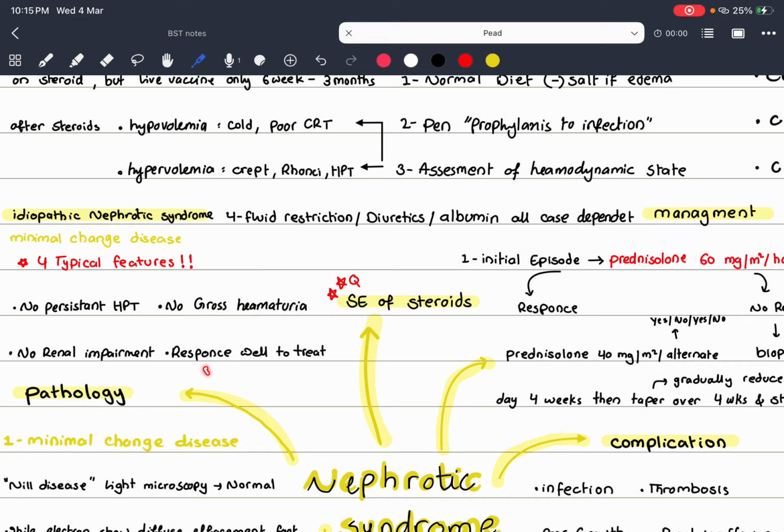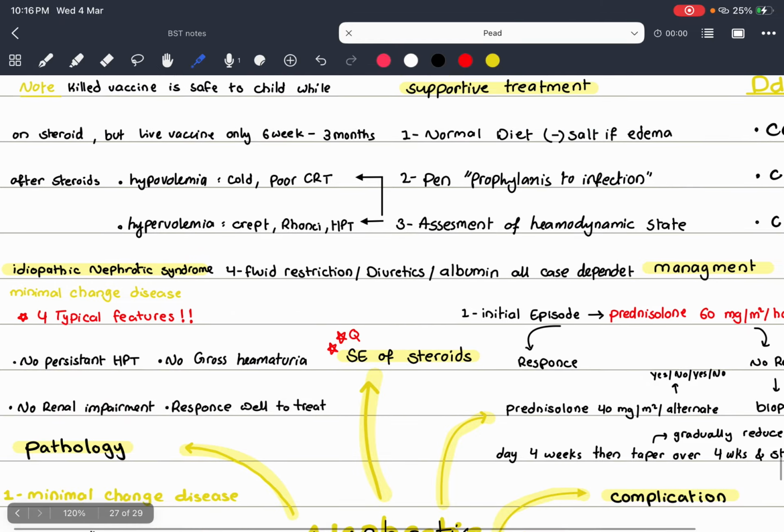And he responds well to steroids. And no renal impairment, so it's not benign, but it's curable. So what are the four typical features? They are important to remember. Idiopathic nephrotic syndrome: no persistent hypertension, no renal impairment, no gross hematuria, and responds well to steroids.